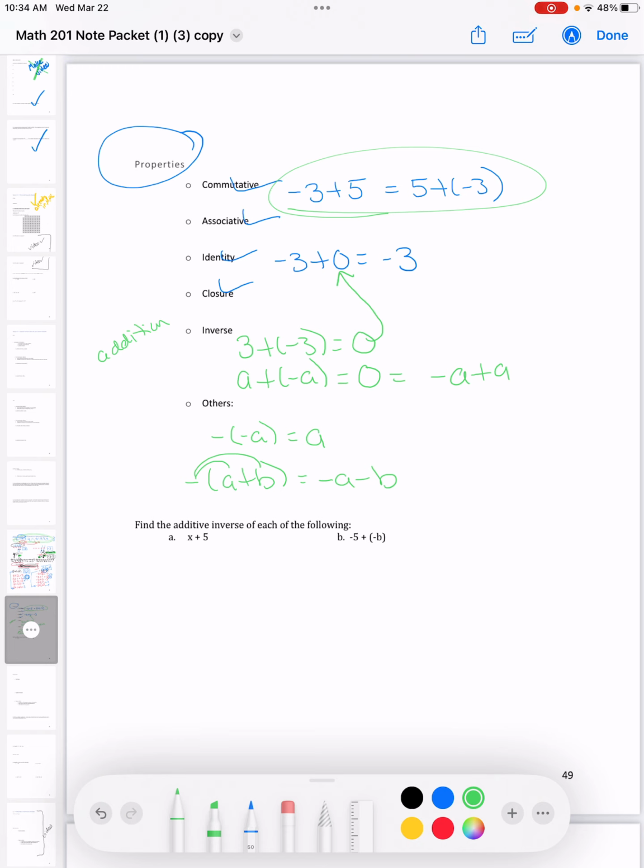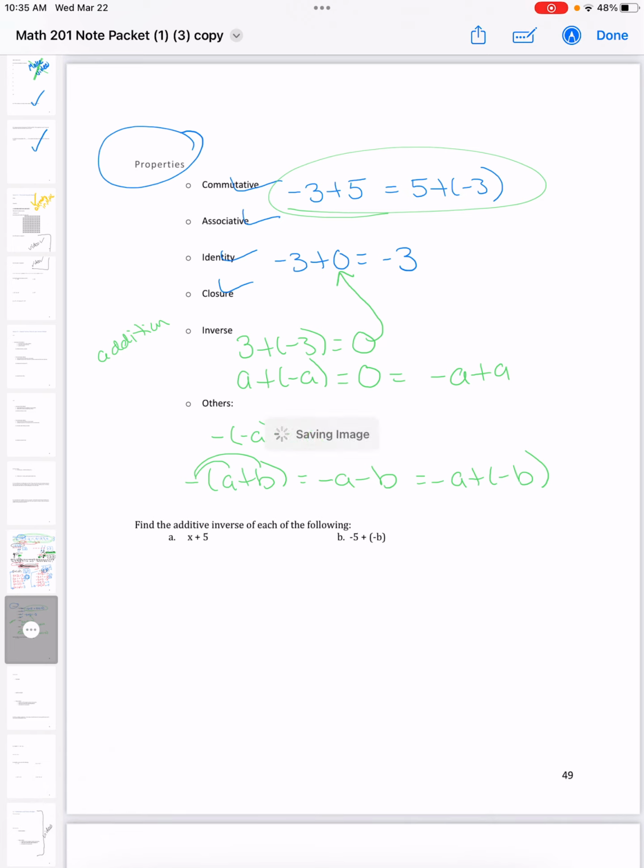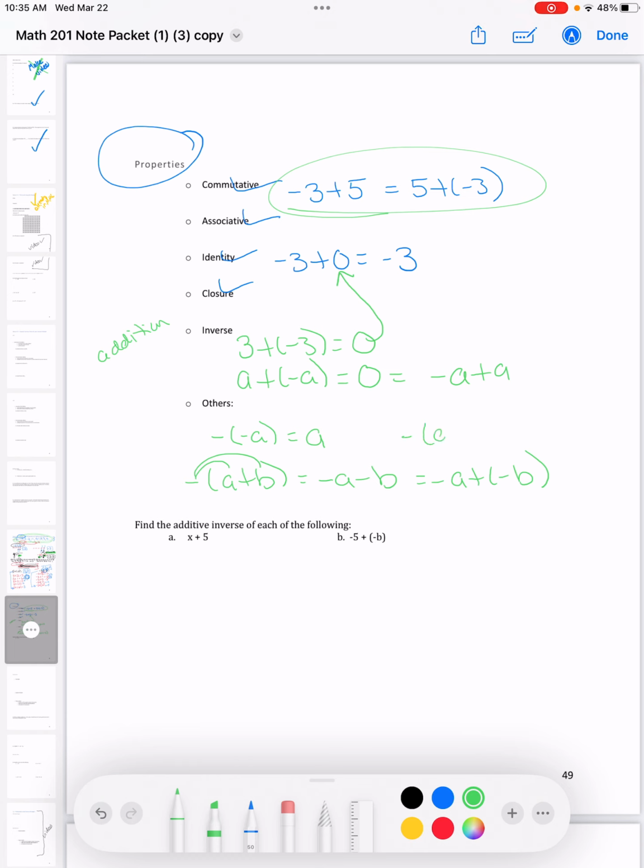I also could write this as -A plus -B. I'll write up one more. If we have positive A, that's just going to be -A. So 2 negatives turn out to be a positive, and 1 negative stays a negative.